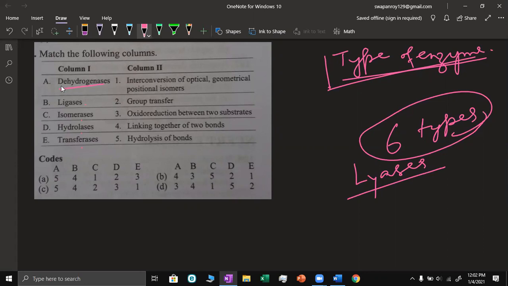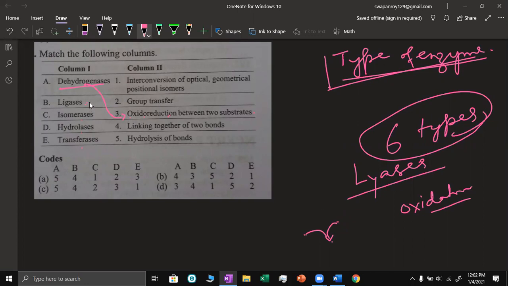From the name dehydrogenase, hydrogen taking out, it is what is called oxidation. So dehydrogenase is for oxidation-reduction between two substrates. Ligase, ligating means sealing, that is, two compounds are joined by formation of a bond.